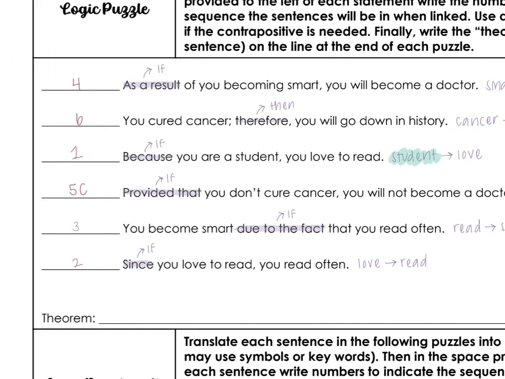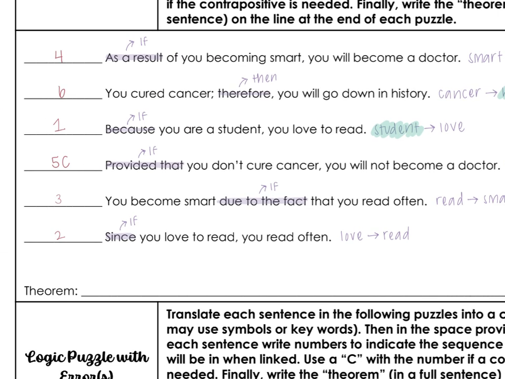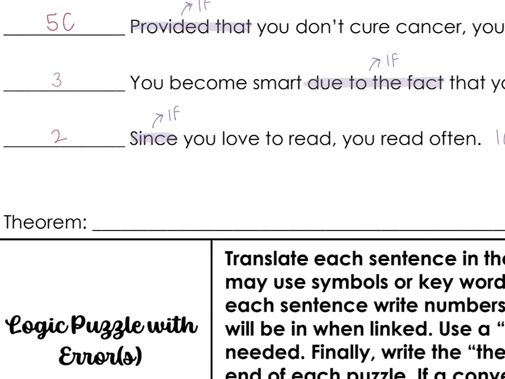Okay, so now that I have that, I've got my order to write my theorem. Like I said, we're going to just connect that very first hypothesis with the last conclusion. And so we should have those keywords, student and history there.